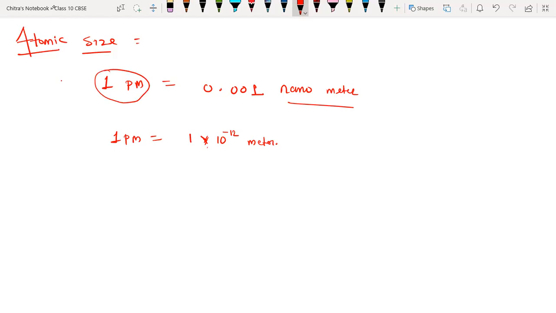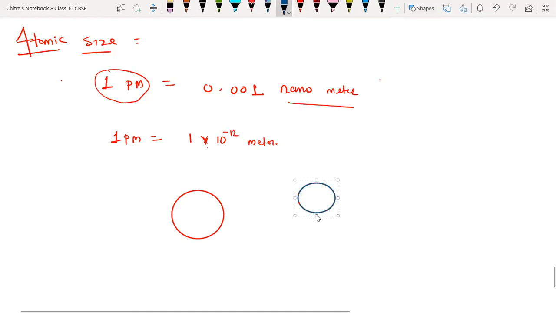Now I have one question for you all. Suppose I have drawn here two spherical objects. Here we have one spherical object, the red one, and another, the blue one. So how can you determine which spherical object is smaller and which is greater?